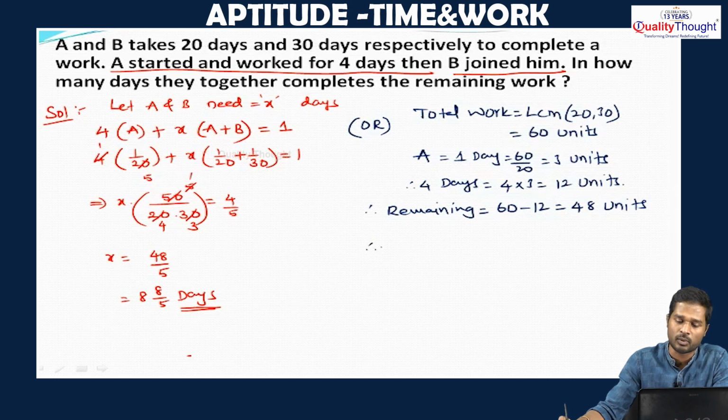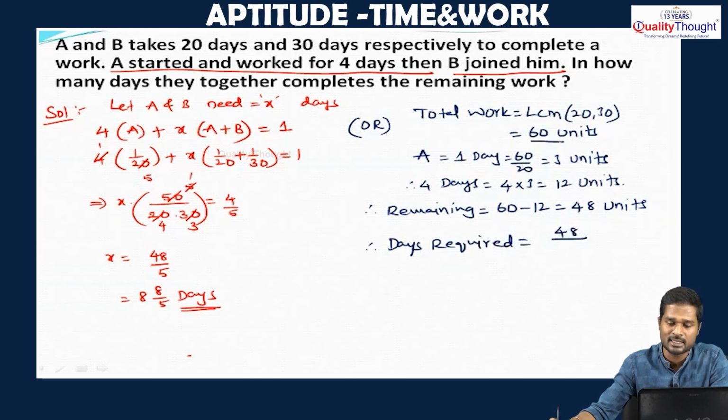So the days required to complete this work: total work is 48 units, divided by the combined rate. A takes 20 days, that means 3 units a day since 3 twenties are 60, and B takes 30 days, 2 units a day since 2 thirties are 60.